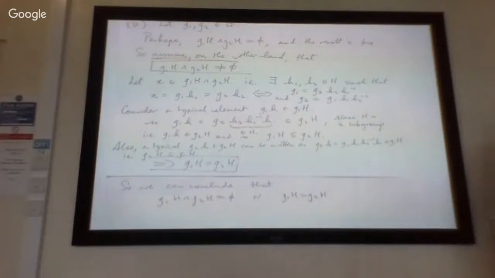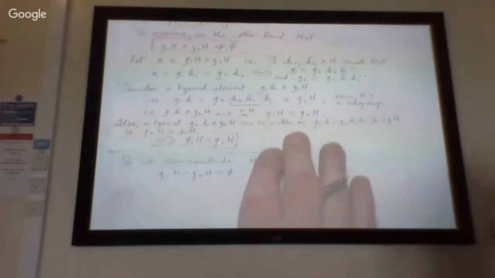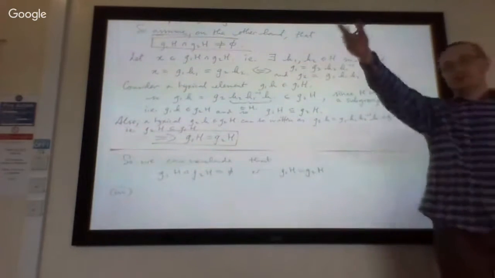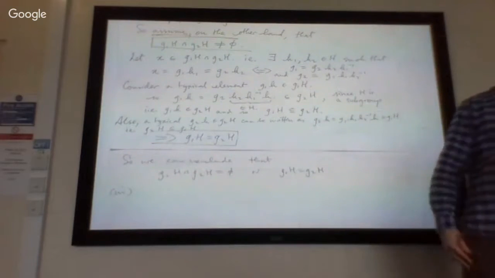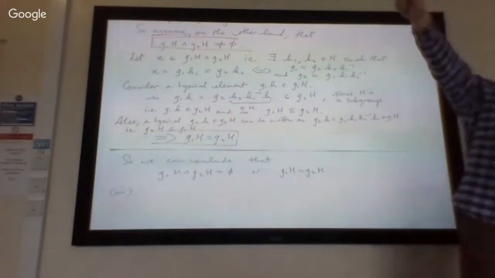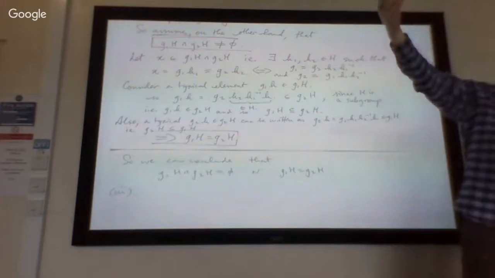Okay. Part 3: prove that all cosets of H in G contain the same number of elements. This is key to showing the divisibility. Remember the basic principle, which we'll discuss in chapter 4, was just to count the things in G by counting the things in each cell and adding up the sums.